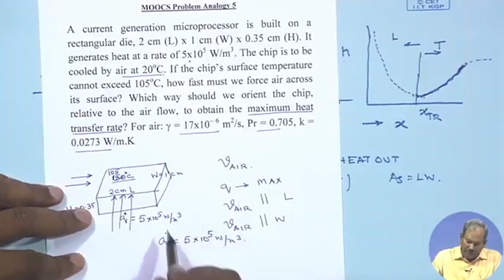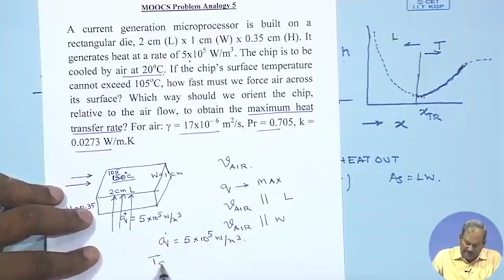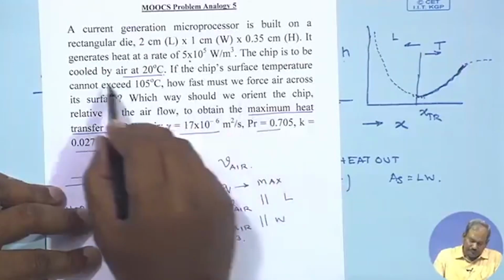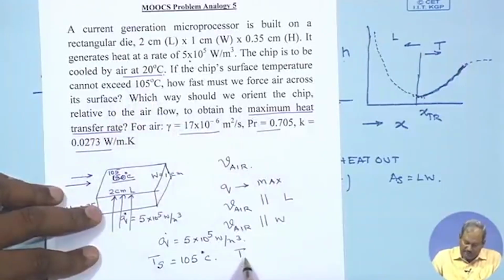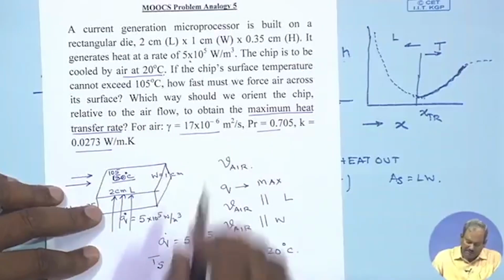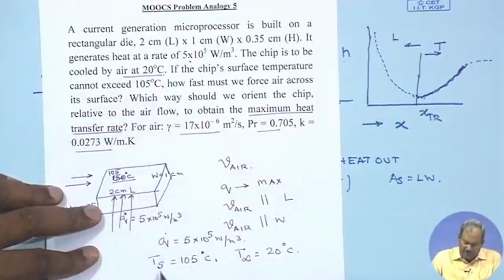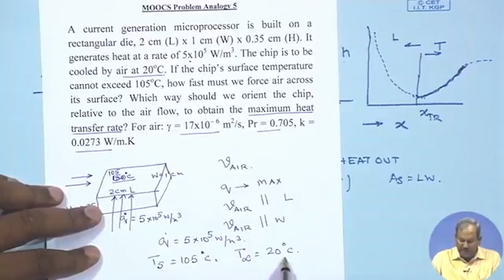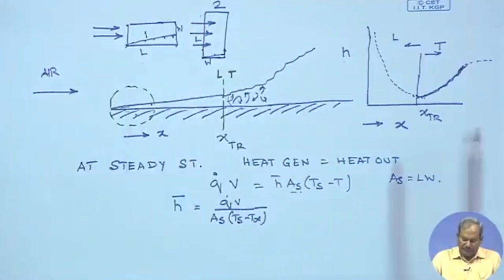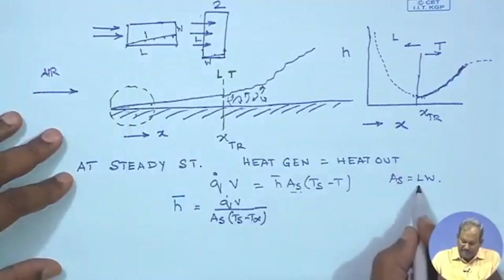The value of T surface must be equal to 105 degree. The chip is cooled and T infinity is going to be equal to 20 degree centigrade. So, the air is 20 degree and it cannot exceed 105. So, your T_s maximum value would be 105 and T infinity is always at 20, and A_s is simply L times W.